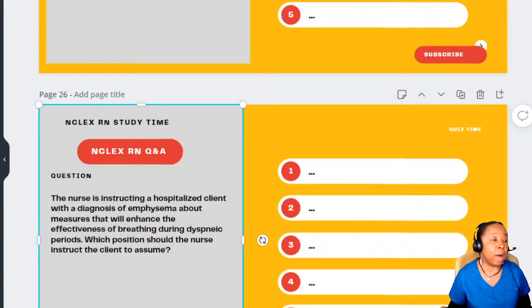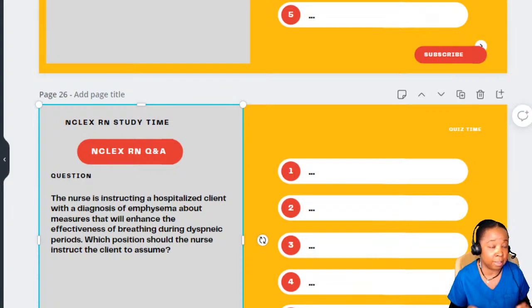That means when the patient has an episode of dyspnea, shortness of breath, they want the nurse to instruct the patient on some ways to cope with that problem. And that patient has emphysema.